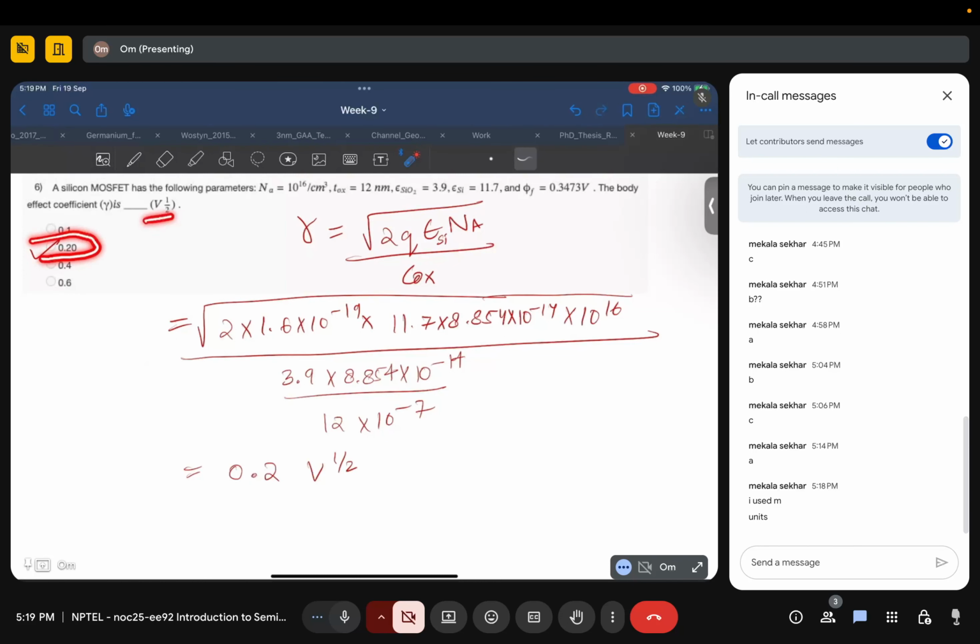The answer is in this unit, right? There's no meter or centimeter here, it's just volts. So if you have to use meter units, you have to change all of these in meter units. You cannot just change this and expect the answer.